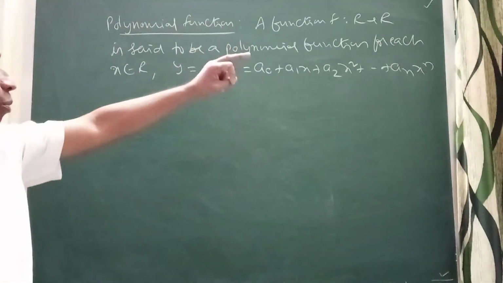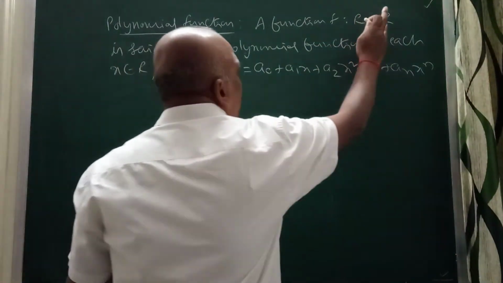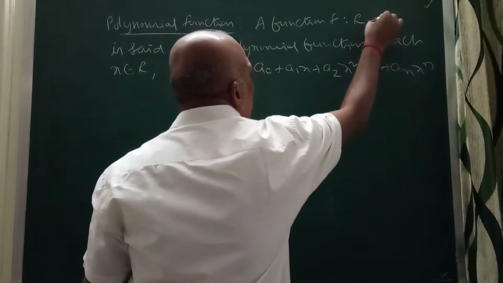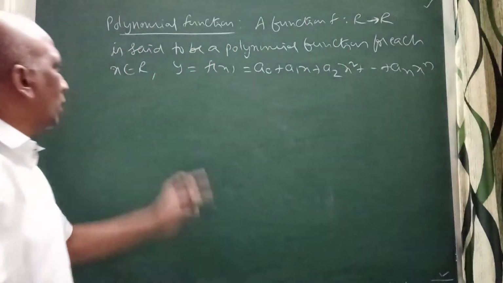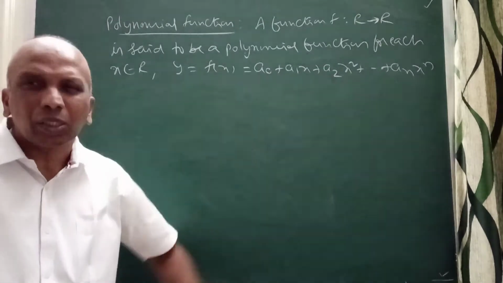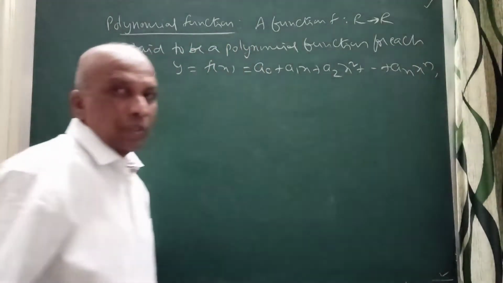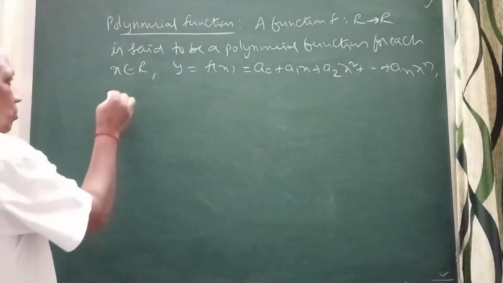See, a function f from R to R is said to be a polynomial function. For each x belongs to R, y equal to f of x equal to a0 plus a1x plus a2x squared and so on plus an x power n, where n is a non-negative integer.